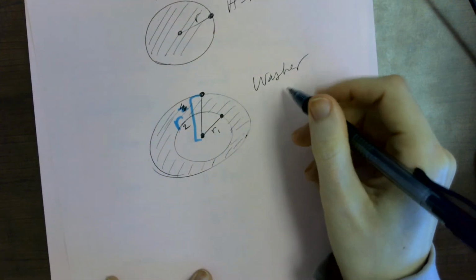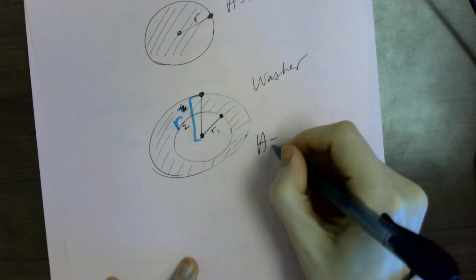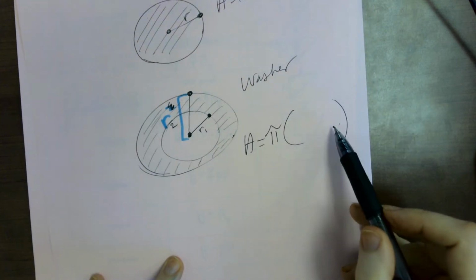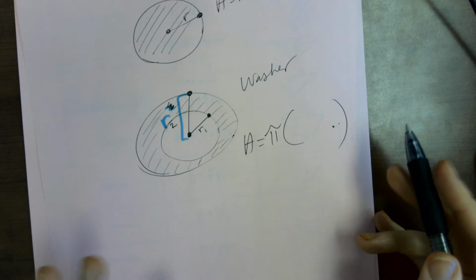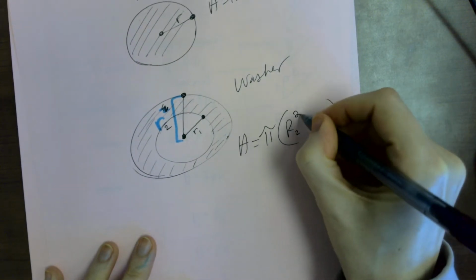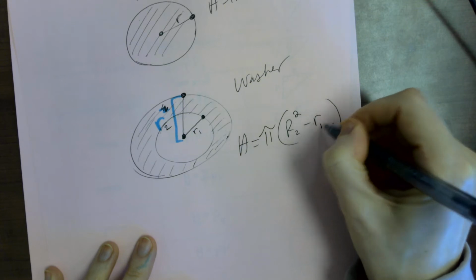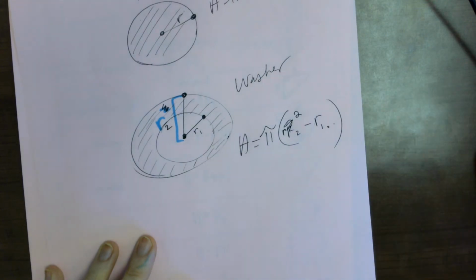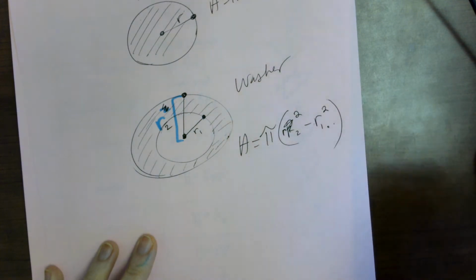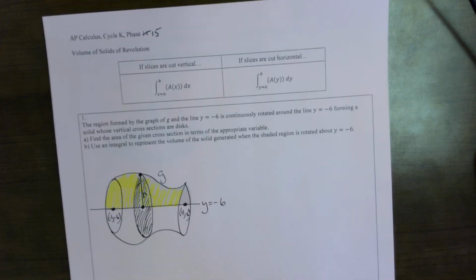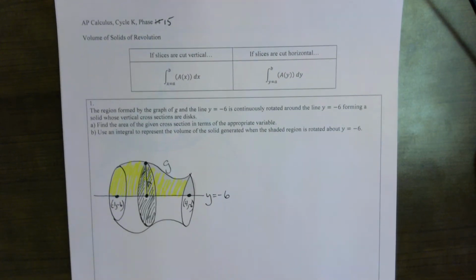And in a washer, the area is pi times, now inside here, instead of 1 radius, you've got 2, and you're going to subtract their squares. So it's going to be the big radius squared minus, I want to use lowercase r because I'm also using capital R for right. Okay, we'll do some examples using both of those.